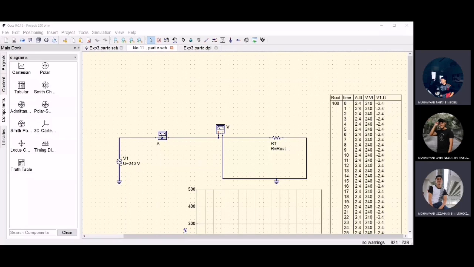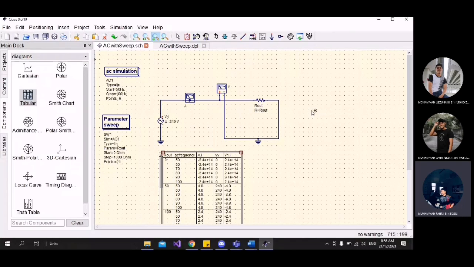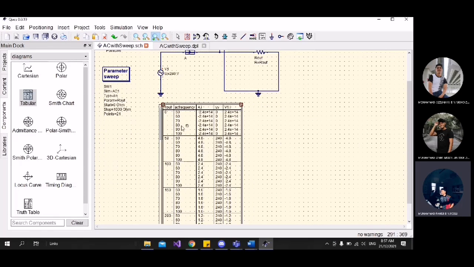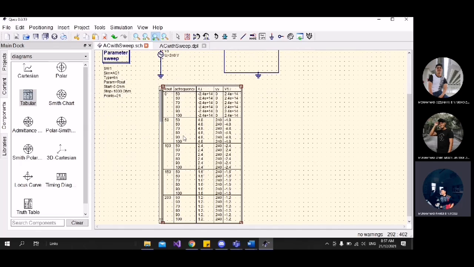Alright, that's from me. For the difference between AC sweep and without sweep, with sweep we can go through R out with the same values as without sweep.